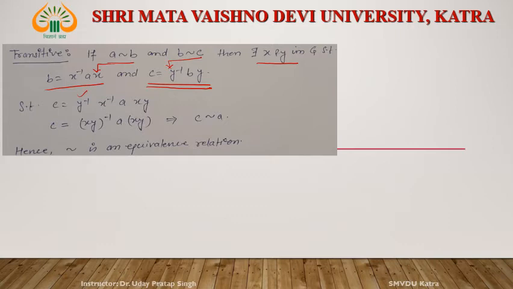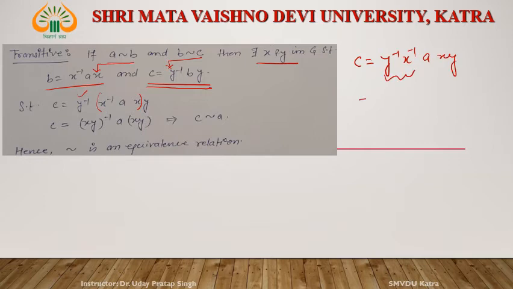B is X inverse AX. So C is equal to Y inverse X inverse AXY.